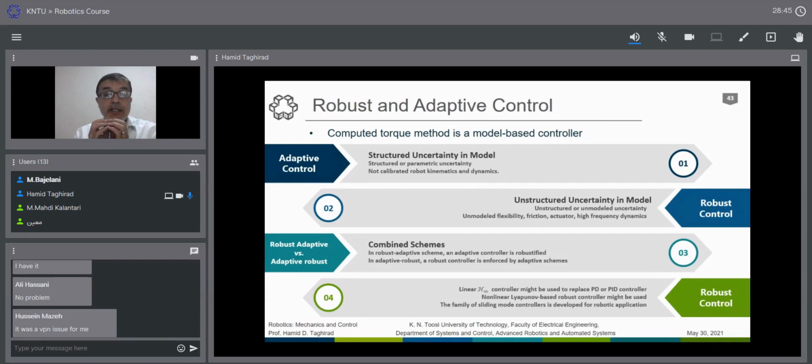Encapsulation of uncertainty means that we just find the bounds, how large this uncertainty can be. And we consider the nominal model of the system, and the bound of the uncertainty. By using both of these pieces of information, we can design many effective robust controllers.